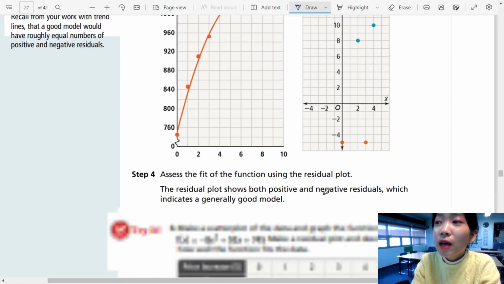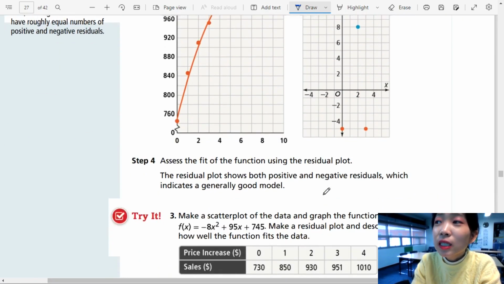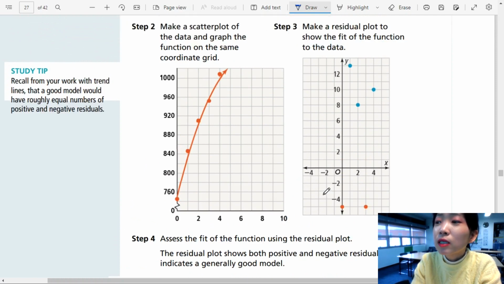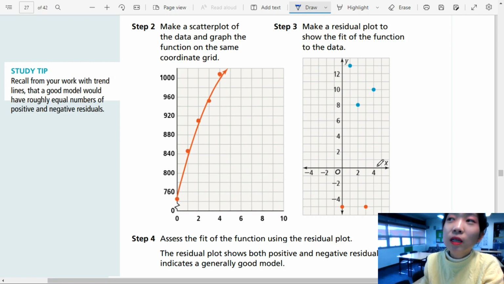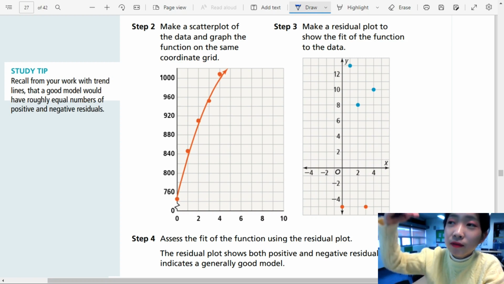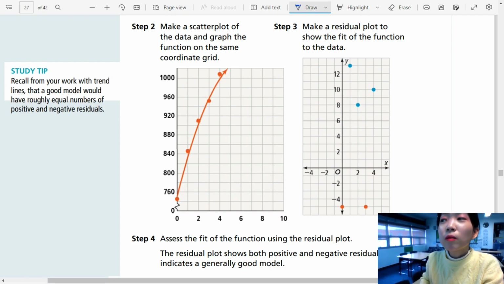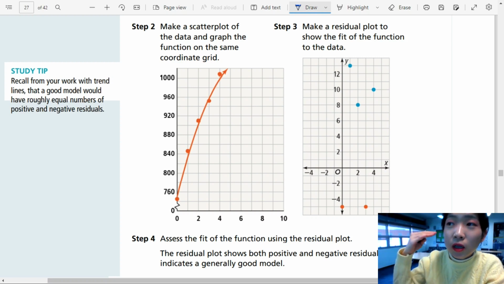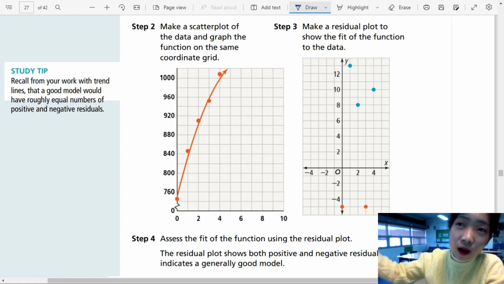Okay, and then you're going to assess and say, oh, the residual plot shows both positive and negative, which is generally a good model. If it generally predicts a lot more, then it probably is not accurate. You might have to move the graph a little bit lower, right? Or if it consistently predicts a lot lower than your actual, then there's a better graph for that.